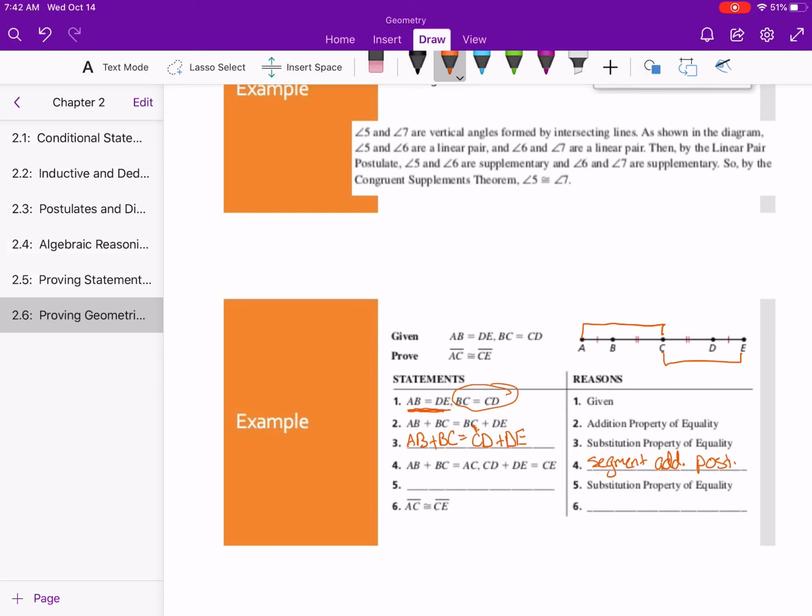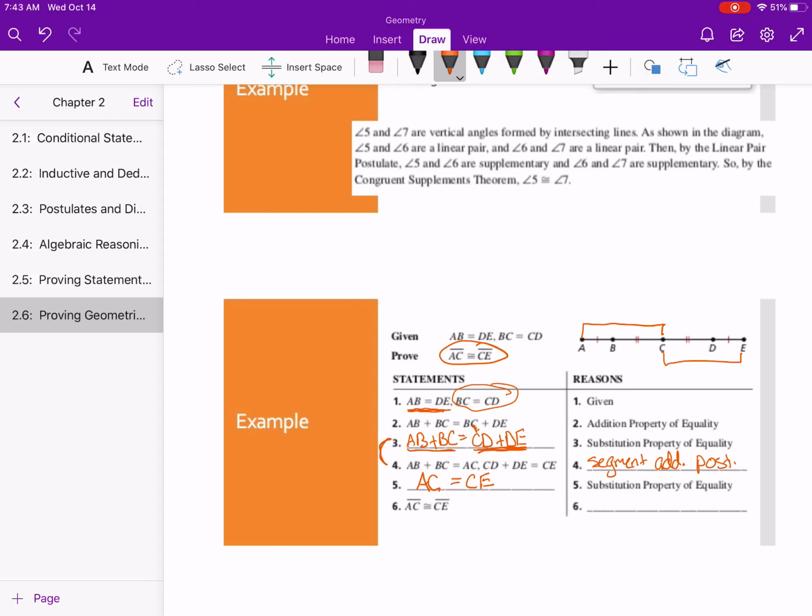Okay, so I want to look at 3 and 4 right now and use the substitution property. Well, I see AB plus BC here. I know that's equal to AC, so I'll substitute that in. And I know that CD plus DE is equal to CE, so I'm going to substitute that in for that, because that's starting to look more like what we want to prove.